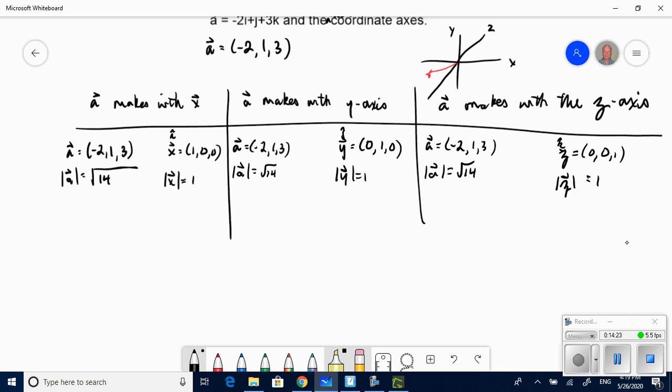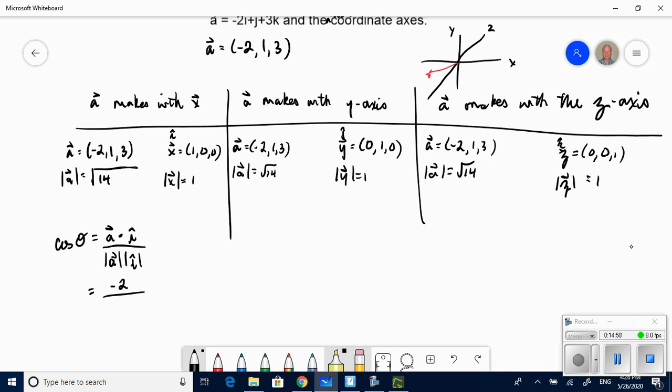So let's go with cosine. So A dot I hat, and then I will do magnitudes here. We didn't do dot product yet. So negative 2 times 1, plus 1 times 0, plus 3 times 0, so negative 2.